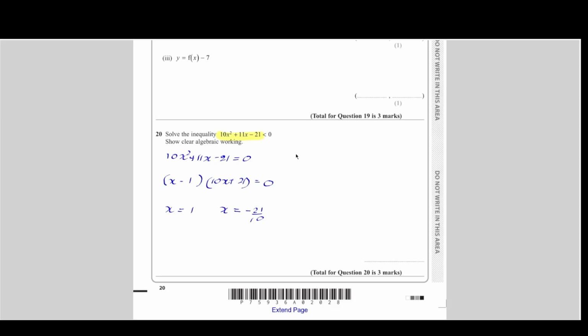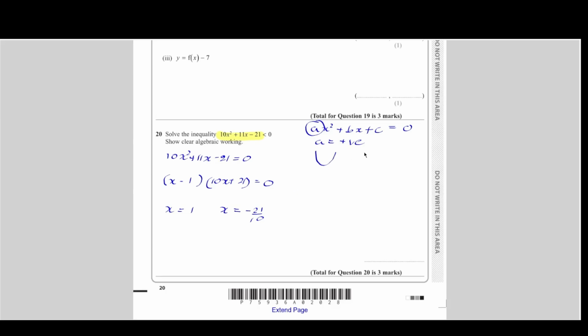Now you need to draw the curve, the quadratic curve. Now this is 10x squared, right? So I know that the quadratic curve is under ax squared plus bx plus c equals 0. If a is positive, which means the coefficient of x squared is positive, we get a happy face like this.